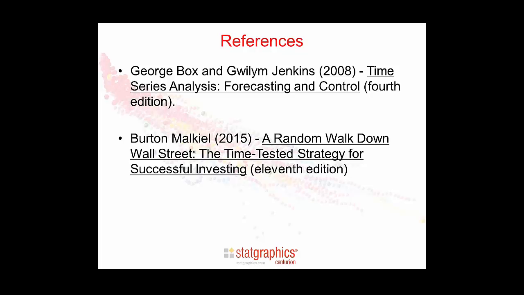Lots of statistics in there. As I said, Professor Malkiel taught my first course in microeconomics. That book is now in its 11th edition. I don't want to tell you how old that makes me, but it is in its 11th edition.